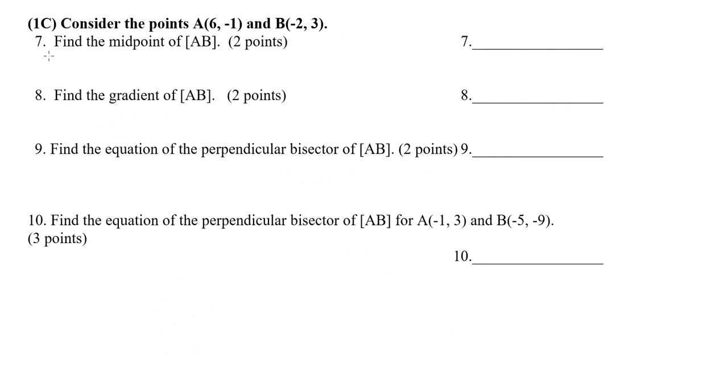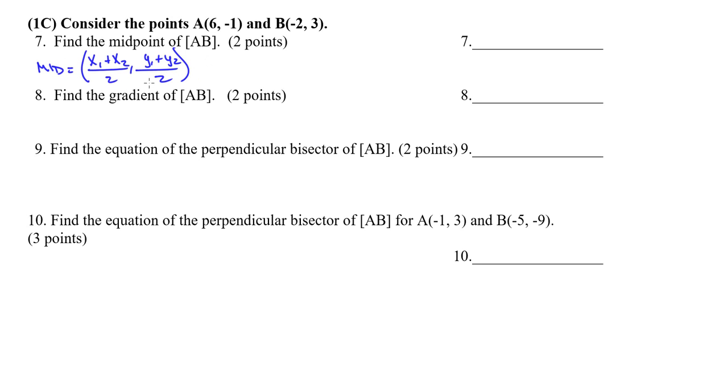Find the midpoint. Remember, I don't need you to memorize any of these formulas. They're all on that pink sheet, or you could write them down on notes or whatever, and that's fine. So midpoint, if you'll remember, is add the two x's together, divide by 2, and then add the two y's together and divide by 2, right?